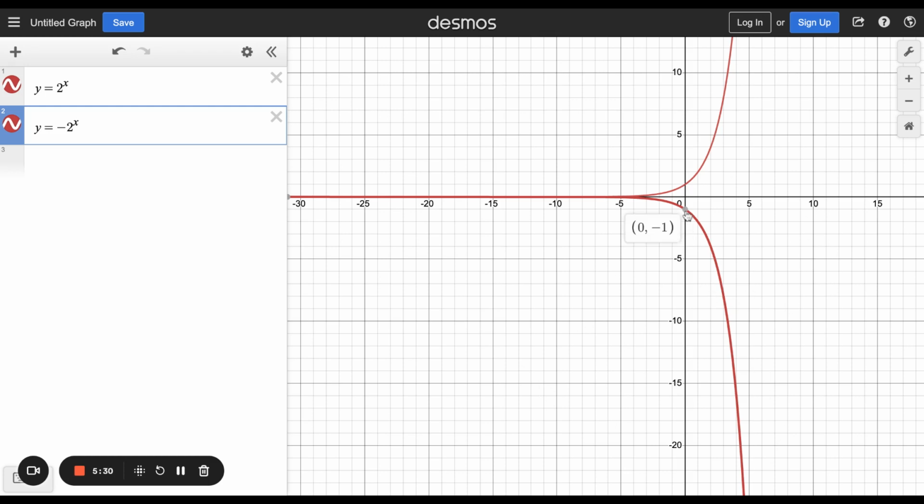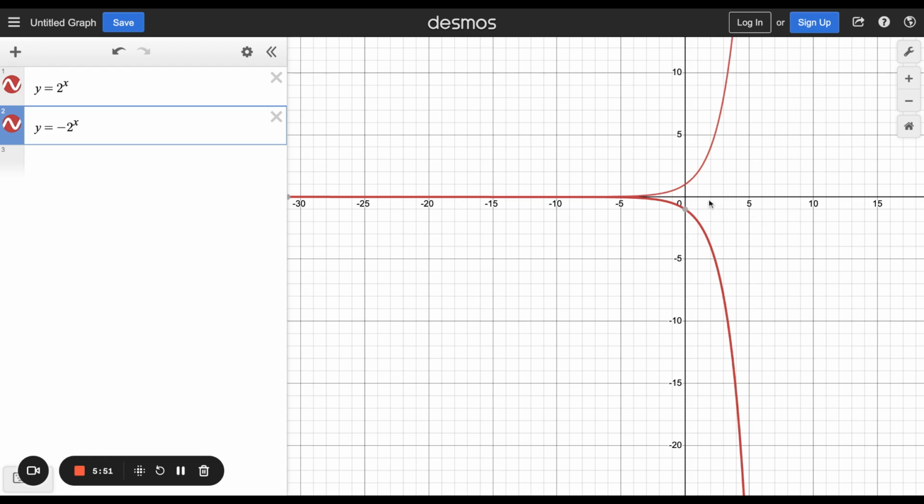So your new y-intercept is at (0, -1). It's touching the y-axis at negative 1. And as you can see, the asymptote is still the x-axis. So if the equation of this asymptote is asked, you have to say the equation of the x-axis is y equals 0.